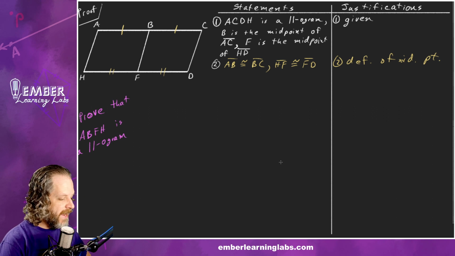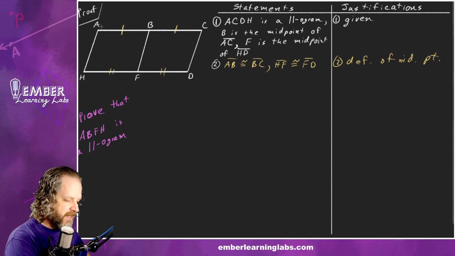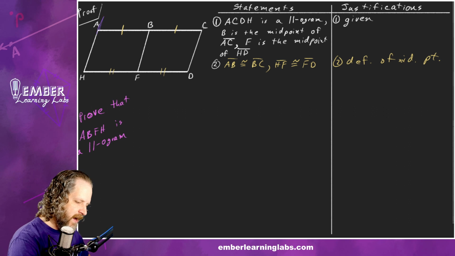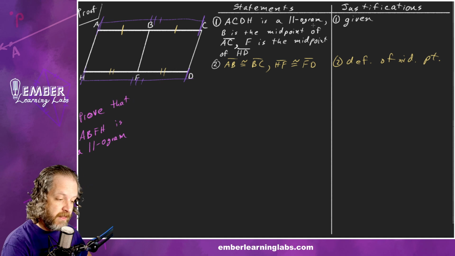Right? So I can also say that AC is congruent to HD. Why can I say that? This big one over here, this guy, is congruent to that guy right there, because opposite sides of a parallelogram are congruent.